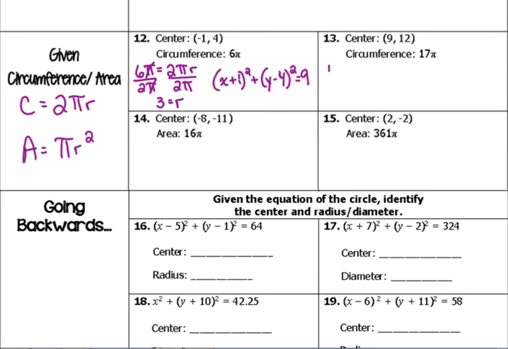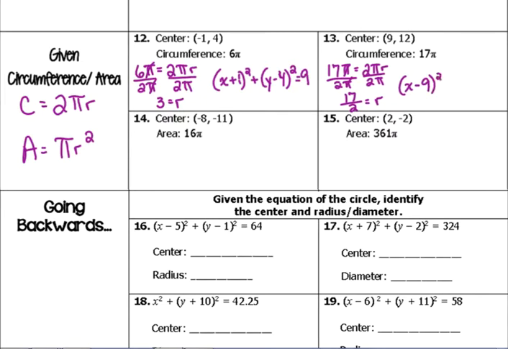In number 13, 17 pi, they gave us the circumference, so 17 pi is equal to 2 pi r. This time when we divide by 2 pi, yes, the pi's cancel, but 17 over 2 does not reduce, so we just leave it as a fraction.